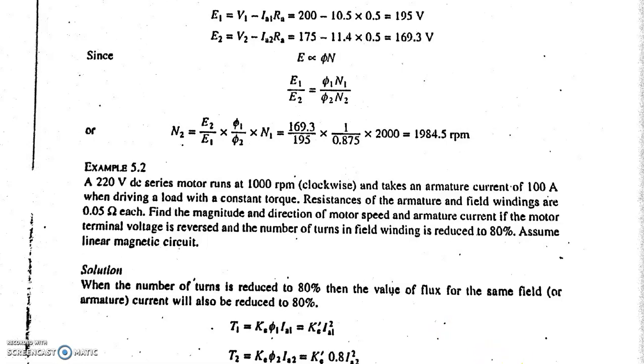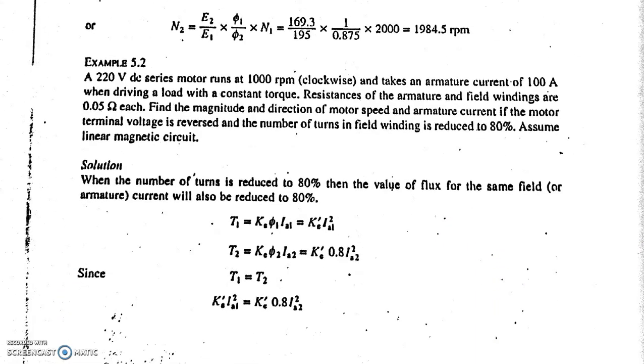By taking these two conditions, we can calculate the torque T1. We assume torque is Ke phi Ia, and in case of a series motor, phi is proportional to Ia. So we can say that torque T1 is equal to Ke into Ia1 square, and torque T2 is equal to Ke into 0.8 into Ia2 square, because the flux is reduced to 80%.